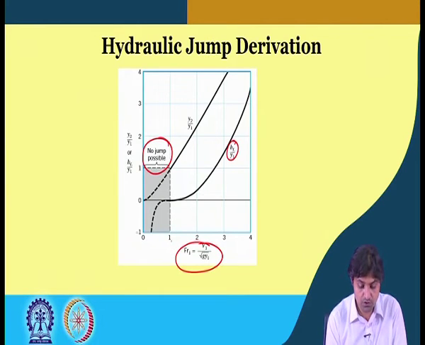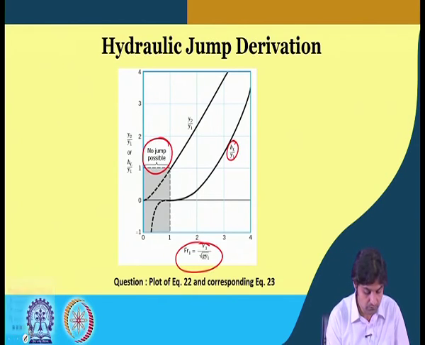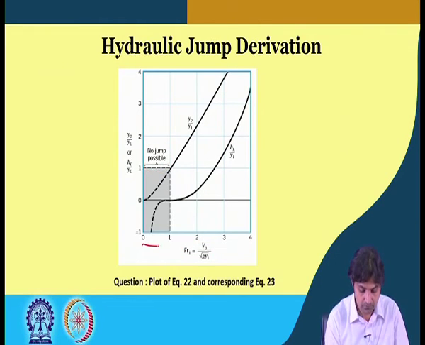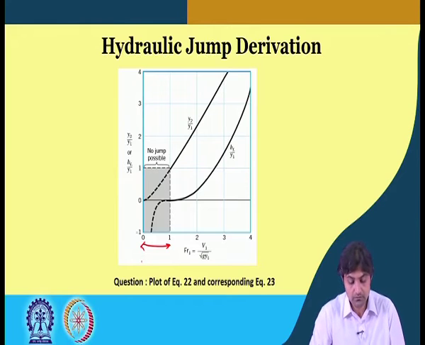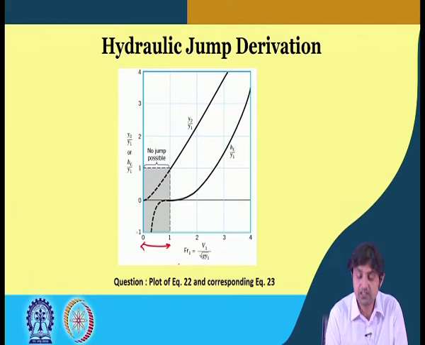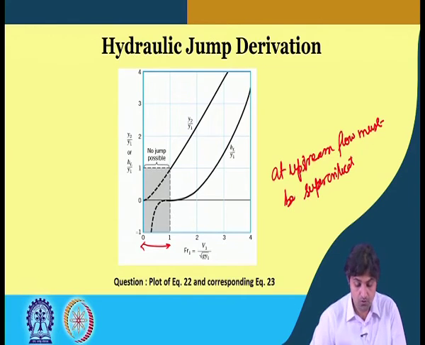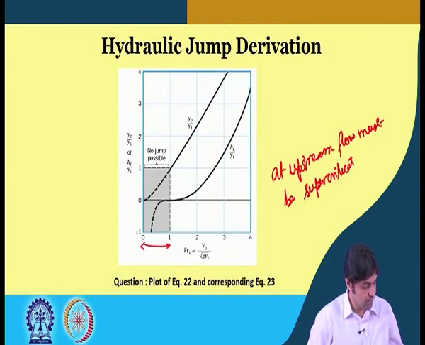And if you note this particular one, there is no possible jump when Froude number is less than 1. So, that means at upstream the flow must be supercritical. Okay?